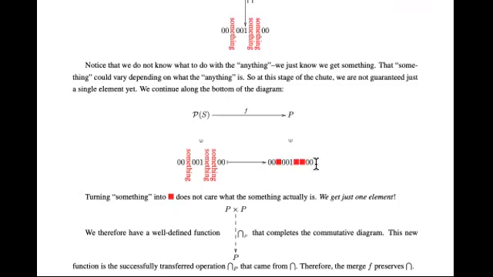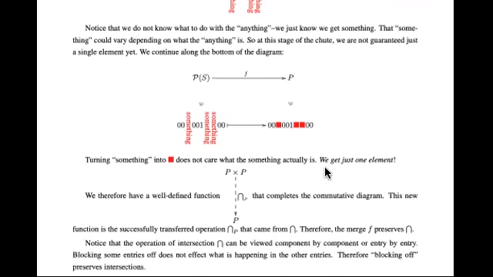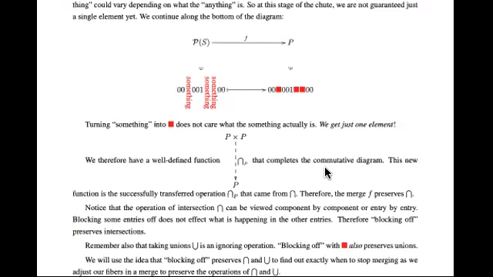And it actually does. The something didn't matter, and it went to the exact same thing over here, which tells us that we have a well-defined operation that makes the commutative diagram work, so the merge actually preserves that operation of intersection.